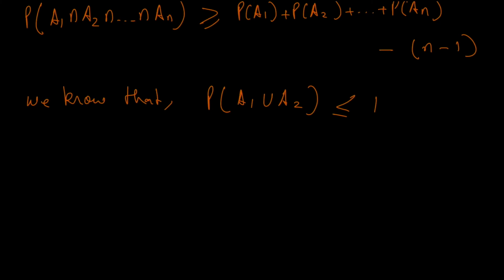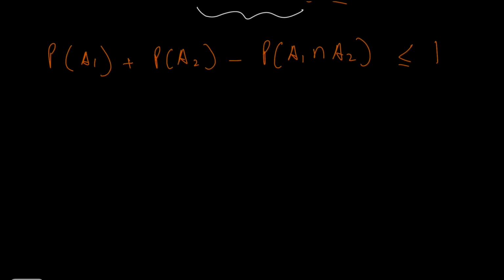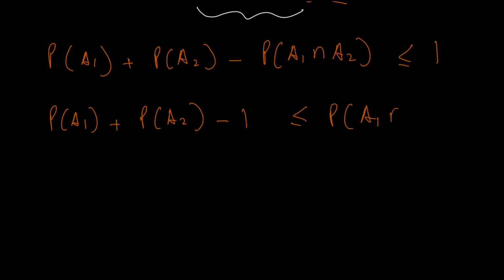Now from the theorem of total probability, this can be written as P of A1 plus P of A2 minus P of A1 intersection A2 is less than or equal to 1. Now taking this to the other side and bringing the 1 on this side, we get P of A1 plus P of A2 minus 1 less than or equal to P of A1 intersection A2.